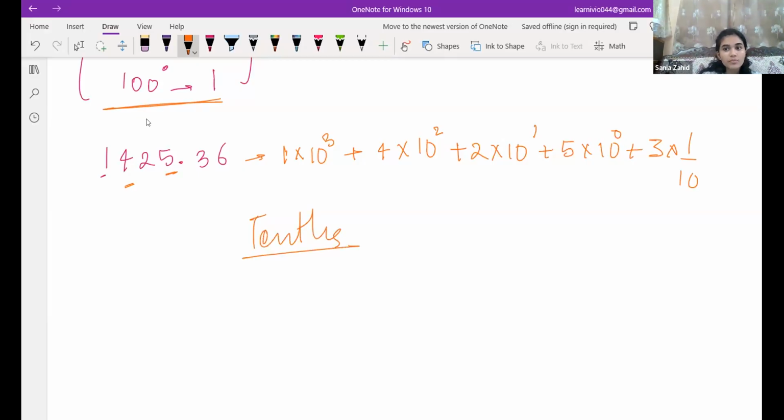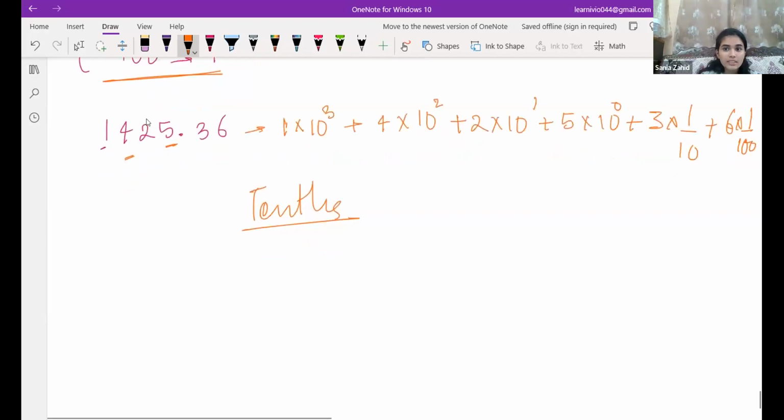So I write 1 by 10, plus 6 into 1 by 100, or 10 to the power 2. This part can also be written as plus 3 into 10 to the power minus 1, plus 6 into 10 to the power minus 2. Do you understand this part, children?